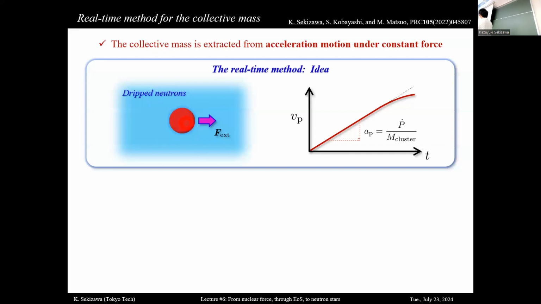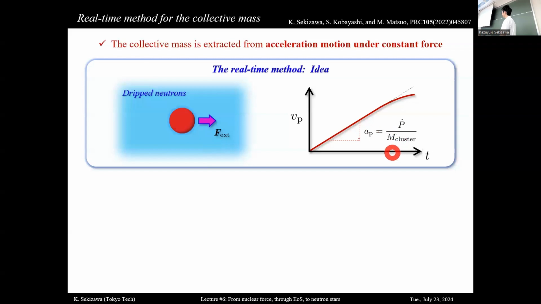Here we have the cluster; in our case, that was a slab structure. Anyway, we have a cluster of neutrons and protons, and outside of the cluster we have dripped neutrons. And we exert an external force here, which is constant in time. Then you can calculate the time evolution.